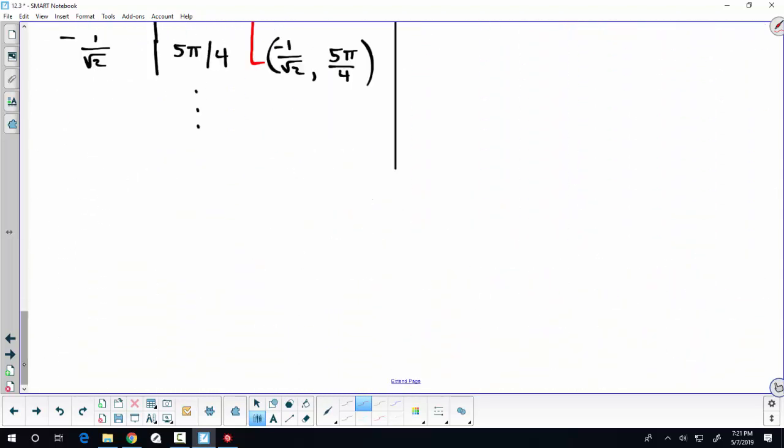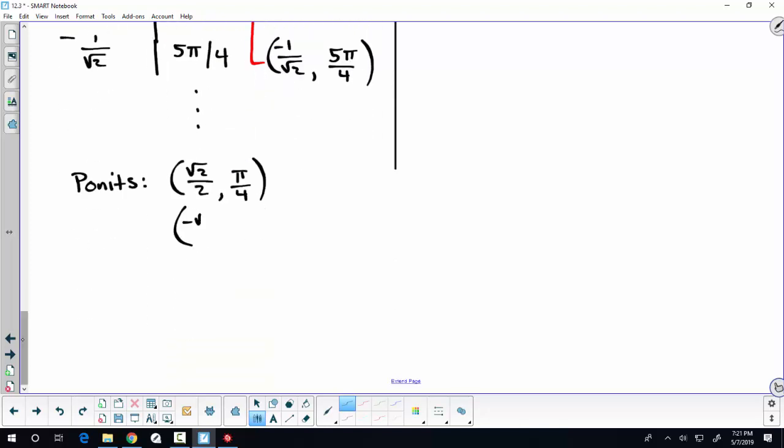Okay, so let's just make note that the only points that we get here are 1 over root 2 over 2, comma, pi over 4. And what was the other one?